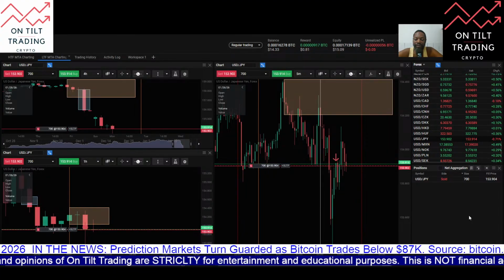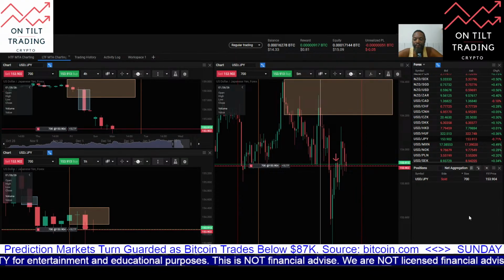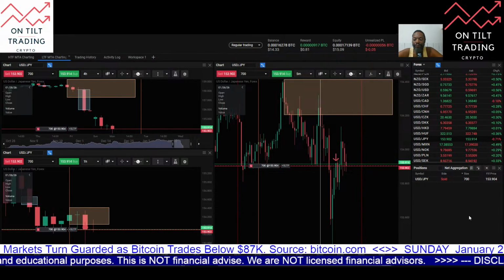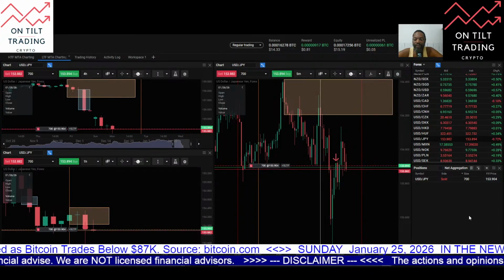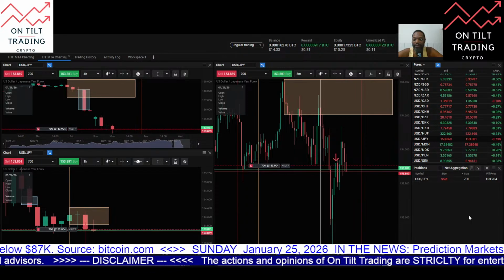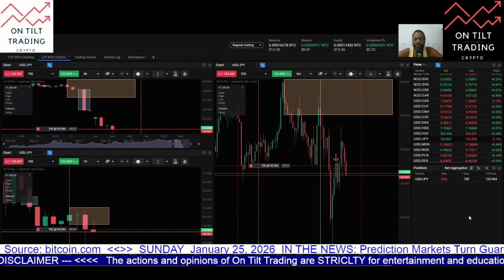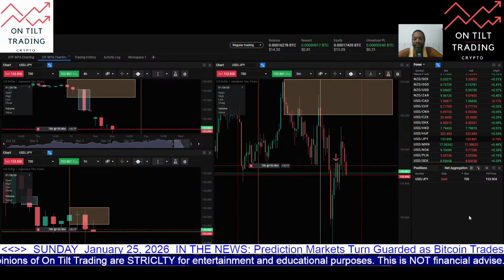Price still consolidating here at the 153.900 level. With my entry currently in between the bid-ask spread, and now my entry is above the bid-ask spread. And now a new 15-minute low has been put in.